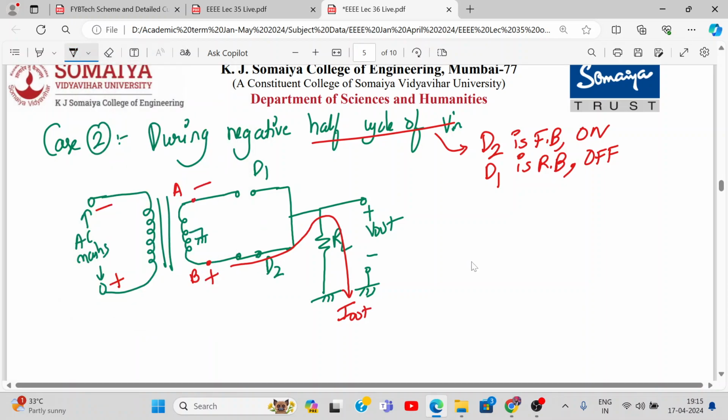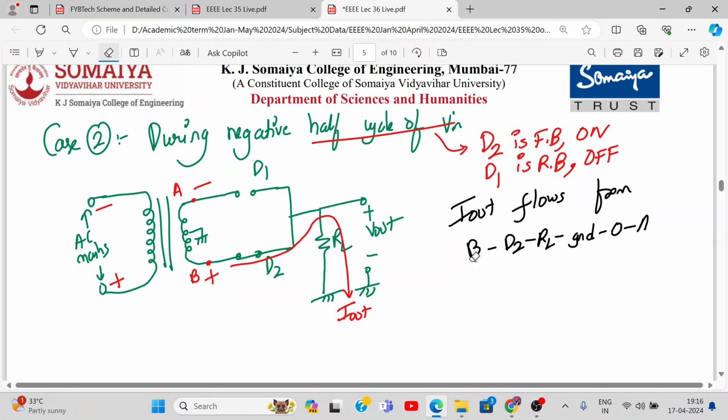So I out flows from B, D2, RL, ground, O, back to B. Okay, this is how the current will flow. Yes or no? The current will complete its path like this. So I out flows. Do you agree? Alright, very good.